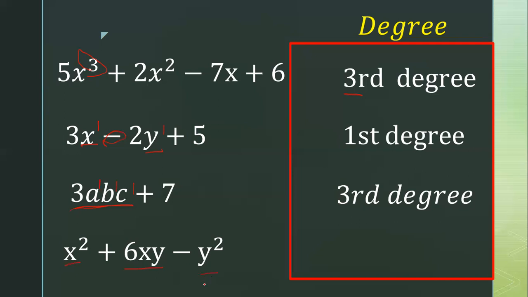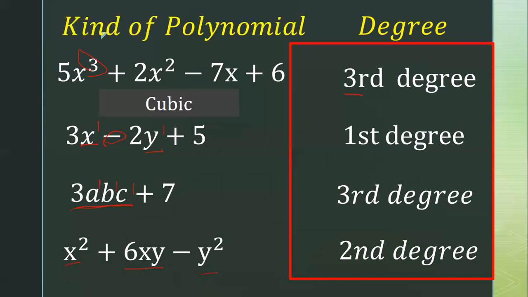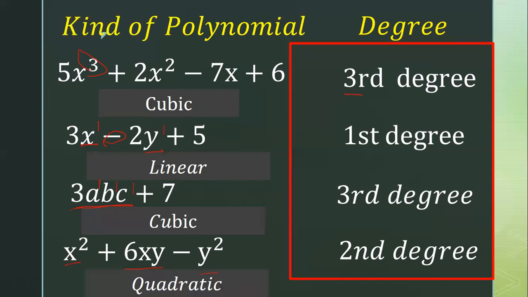Yes, second degree. Hope that is clear. Now, again, what do we call a polynomial of the third degree? Yes, cubic. First degree is linear, third degree is cubic, and second degree is quadratic.